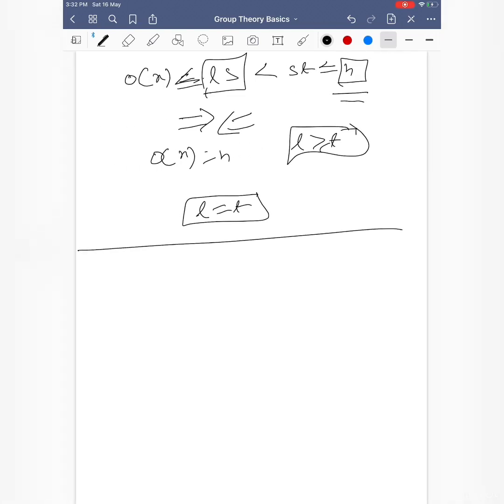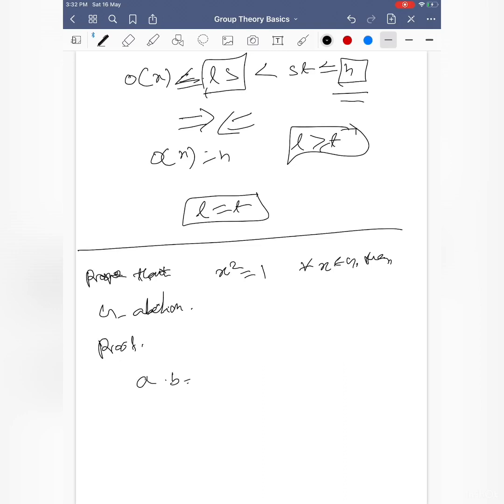Final thing is very well known: prove that if x power 2 equal to 1 for every x belongs to G, then G is abelian. Proof, this is very simple.